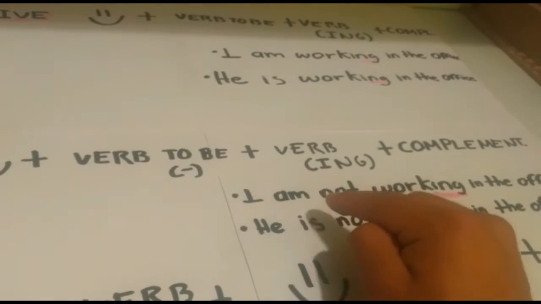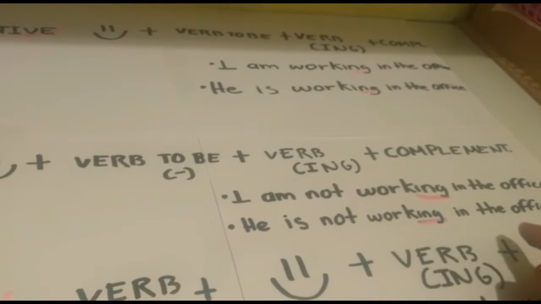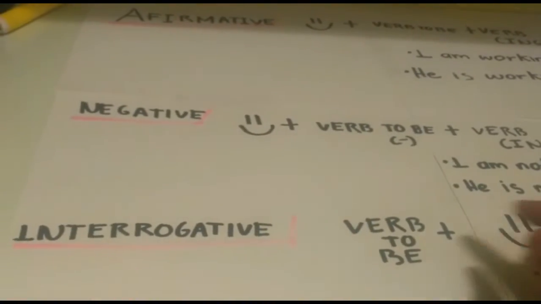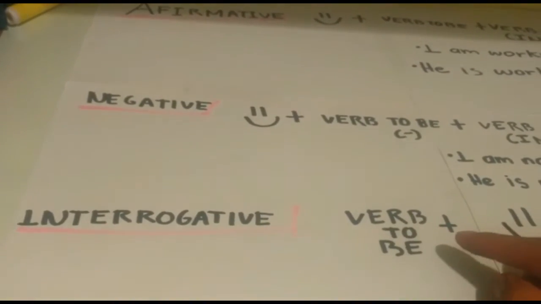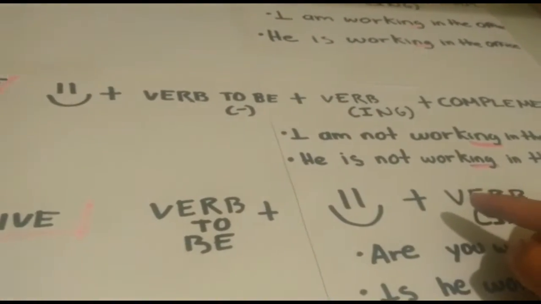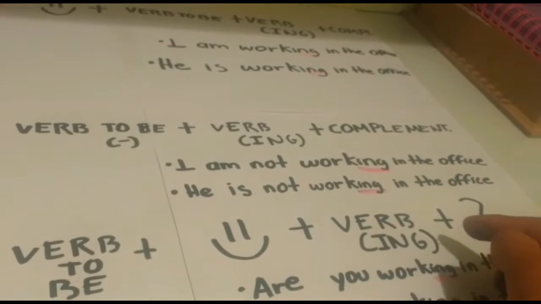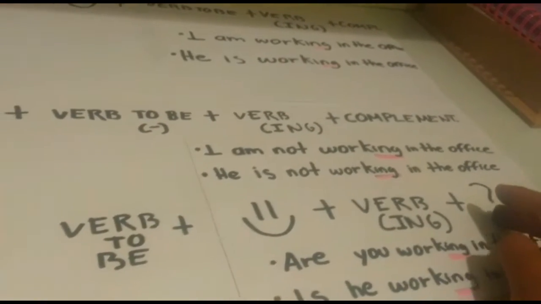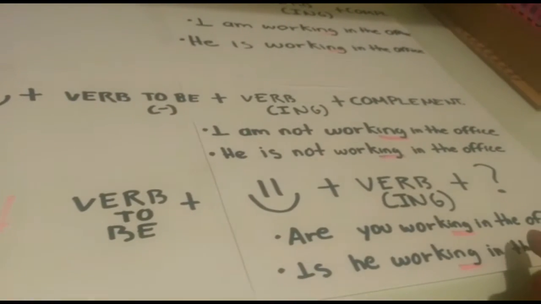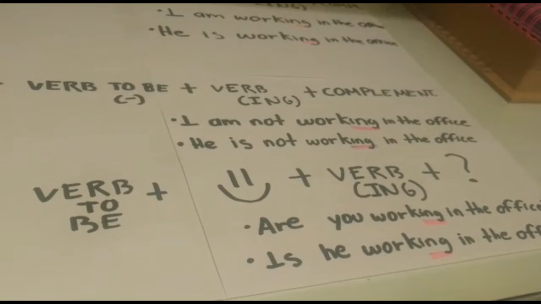For example, I am not working in the office or he's not working in the office. In the interrogative form, we use verb to be plus the subject and verb with ing and the question mark. For example, are you working in the office or is he working in the office?